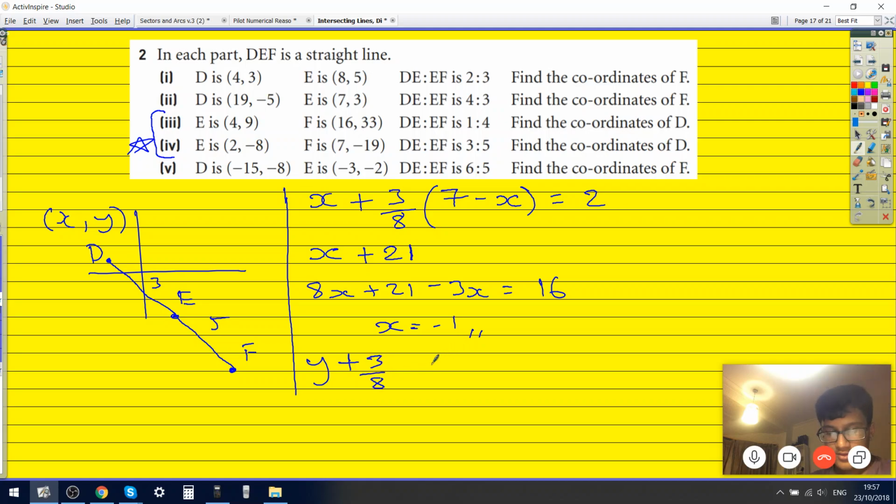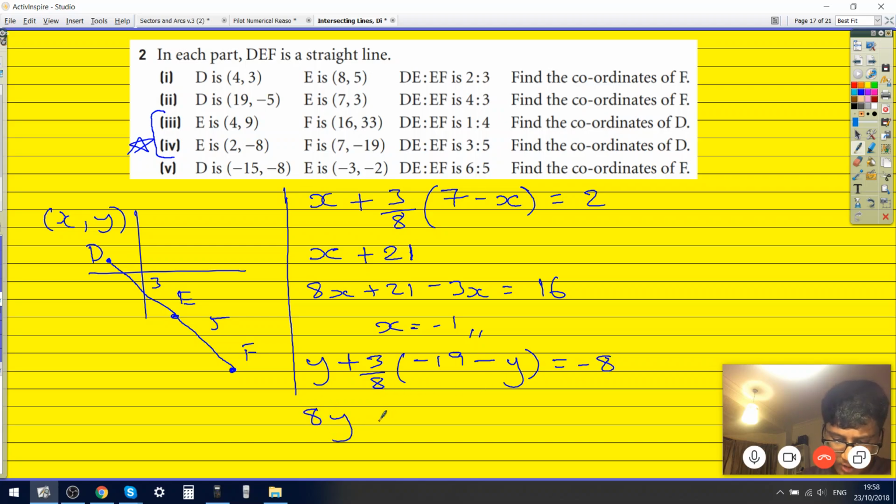So yeah, I got Y plus 3 over 8 times minus 19 minus Y equals minus 8. Might just multiply all by 8 first.